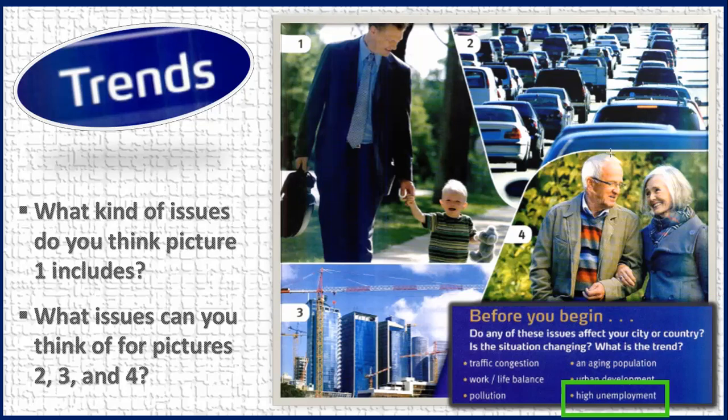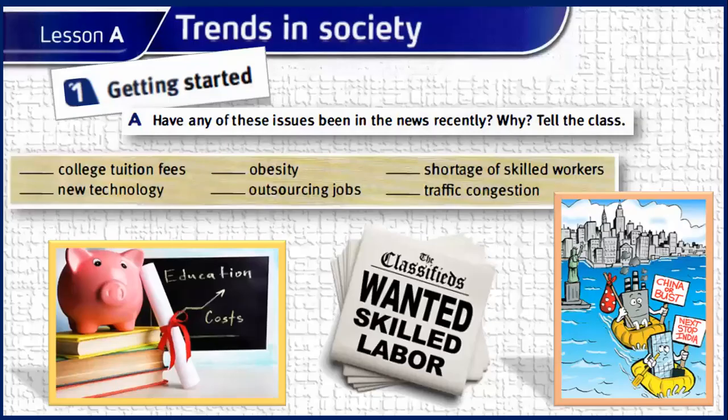Now let's move on, guys. Okay, let's get started with this lesson. Here we go. Okay, this is lesson A, everybody. Unit 11, lesson A. Now, have any of these issues been in the news recently?